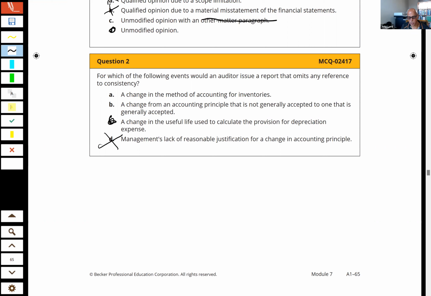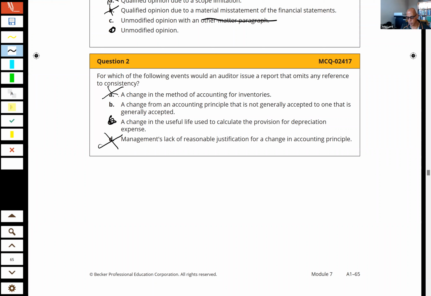How about change in accounting for the method of inventories? Assuming they are justified for the change, we would include the emphasis of matter paragraph that says, hey, they changed from one accounting principle to another, which is a discussion of consistency, isn't it? The word change is the opposite of what? Consistent, right?